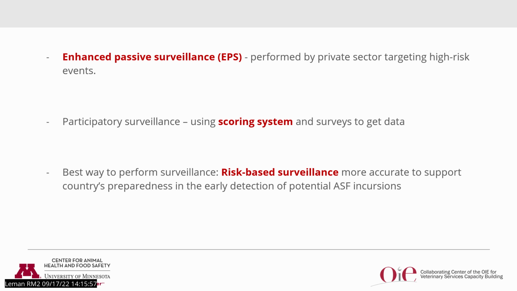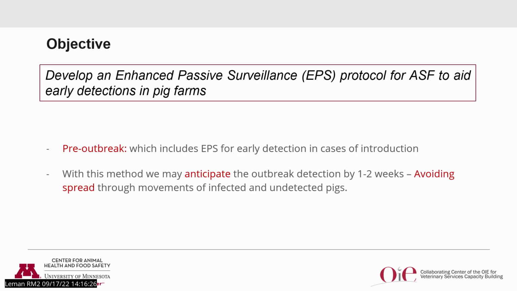And the other concept that we use here has been referred as participatory surveillance, in which we try to use a scoring system and surveys to get certain data that then are used to try to calibrate that perception of risk. And then using that perception of risk, try to target the surveillance event to those situations in which the risk is perceived to be higher.